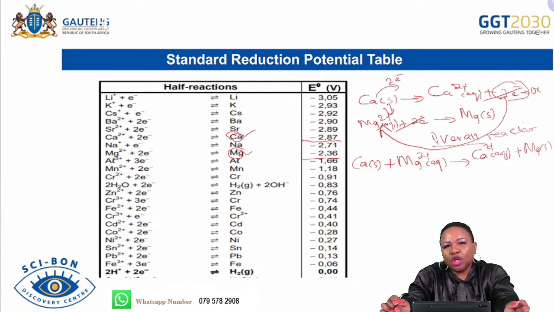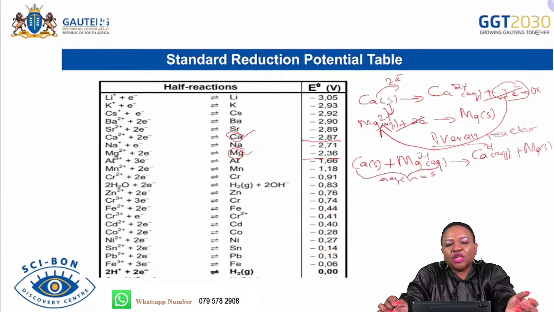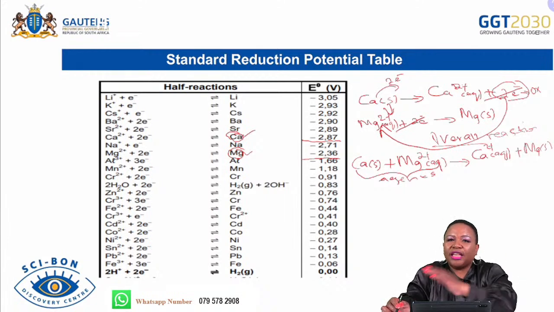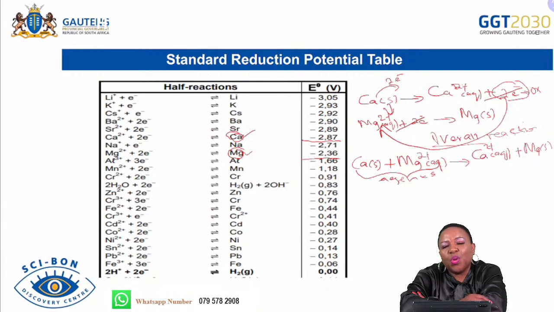Meaning that now we know if one substance loses electrons, where will those electrons go? So this calcium and magnesium are our agents. The one is a reducing agent, the other one is an oxidizing agent. We can identify our reducing agent by using the table, or we can also identify them by looking at the change in the oxidation numbers. We know that the agent in which its oxidation number increases will undergo oxidation.